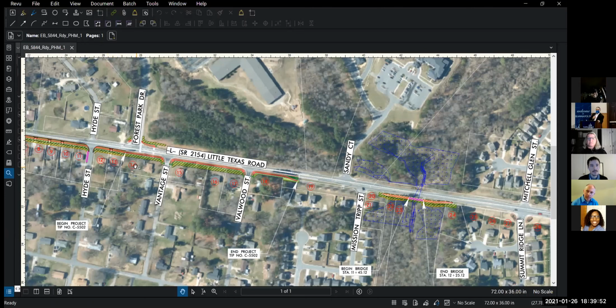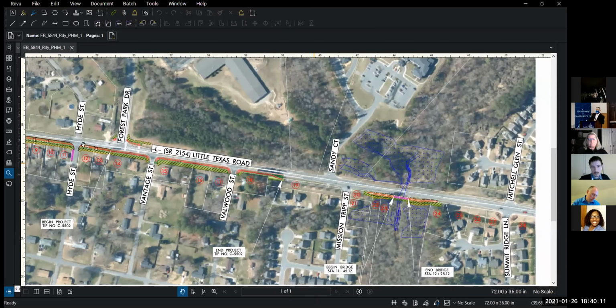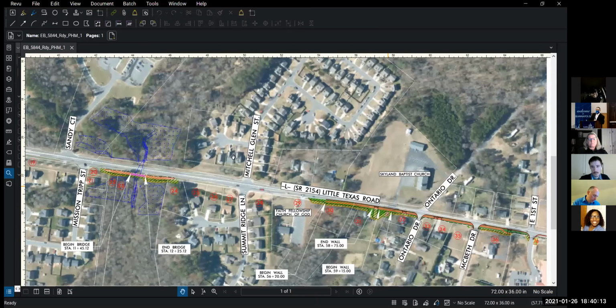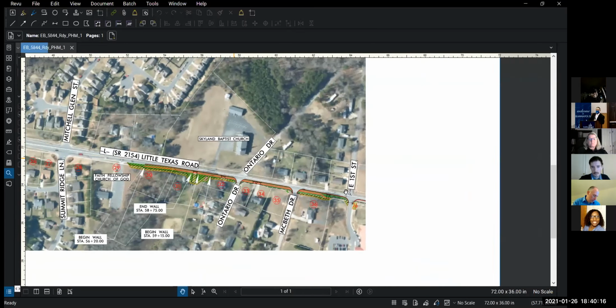I heard what someone was saying about their concern about the speed limit on Little Texas. My concern, which I called about probably back in November of 2020, was the area right here at the corner of East First Street and Little Texas, basically right in front of Living Waters driveway. We've had several accidents out there.